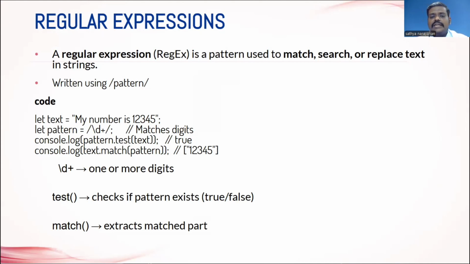Automatically it matches digits, so one or more digits are given by the backslash d plus. Then console.log pattern.test(text). Test checks if the pattern exists, true or false. That is the functionality of test.